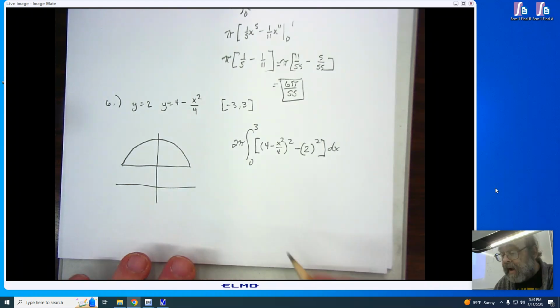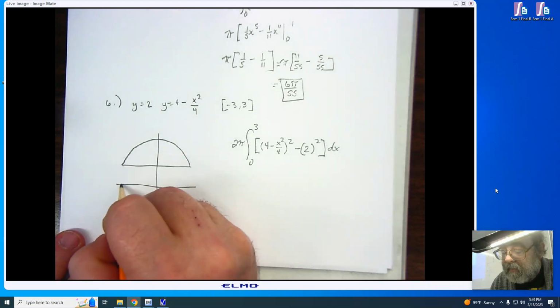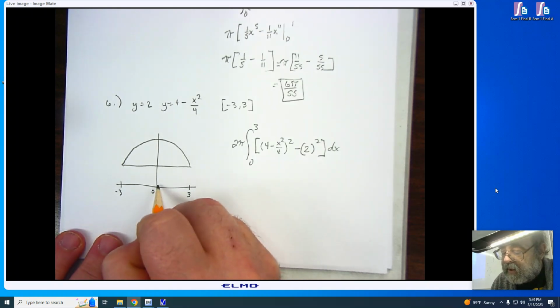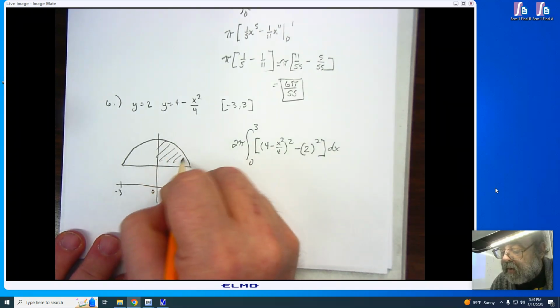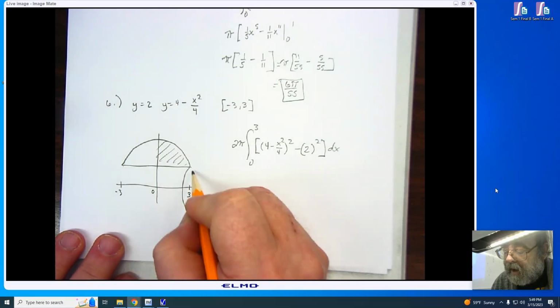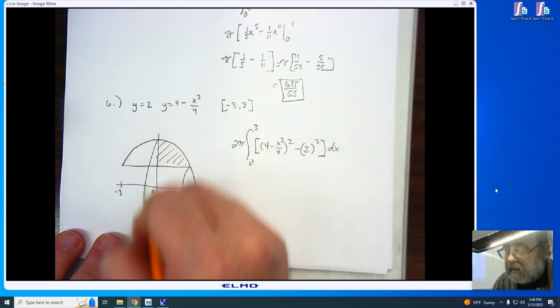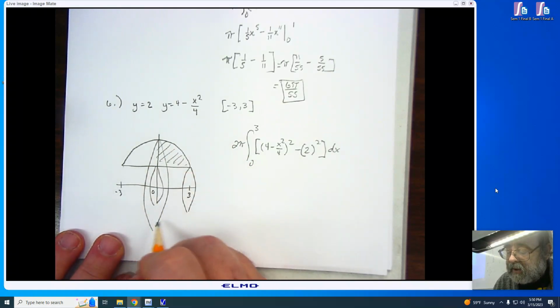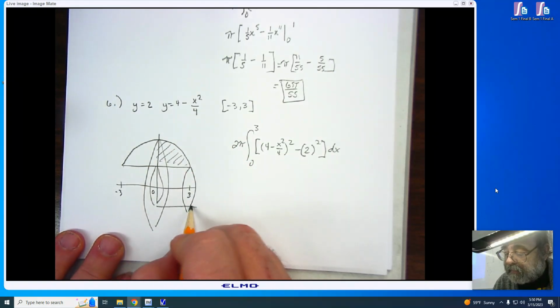So here we go. We're going to have to FOIL it out. Once again, we're going from negative 3 to 3. We've doubled that so that we can just work with this portion of our graph being wrapped around the x-axis. You'll notice it's giving me a washer because I have that internal piece that's missing.